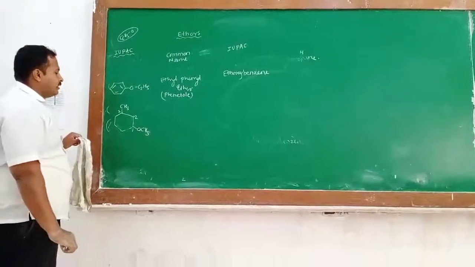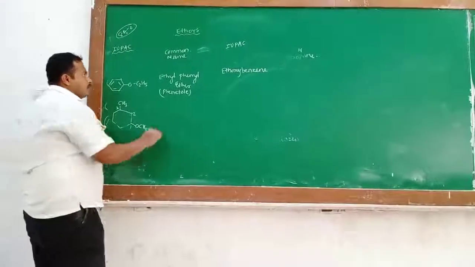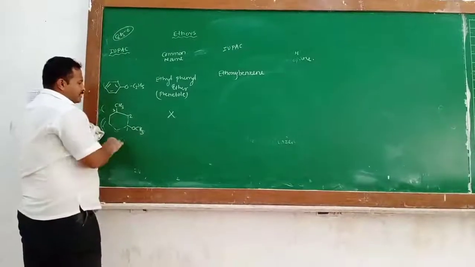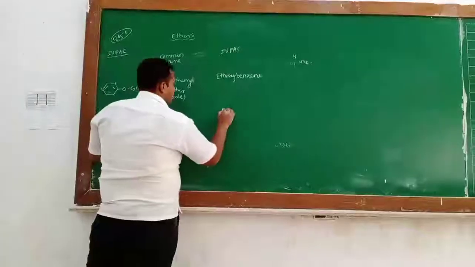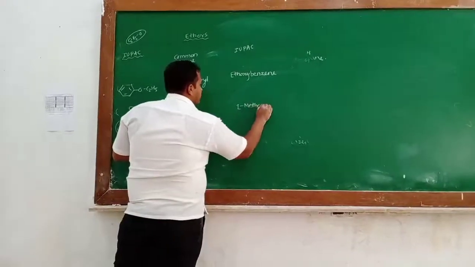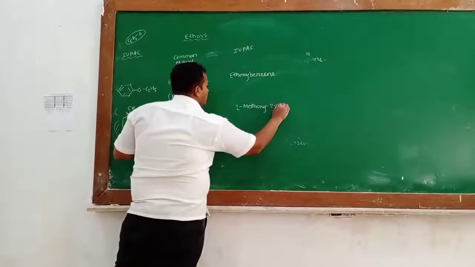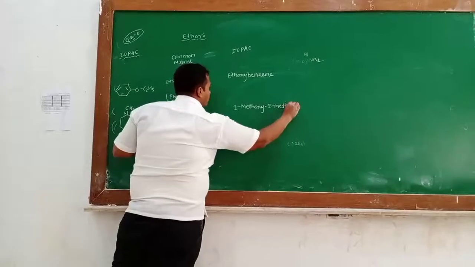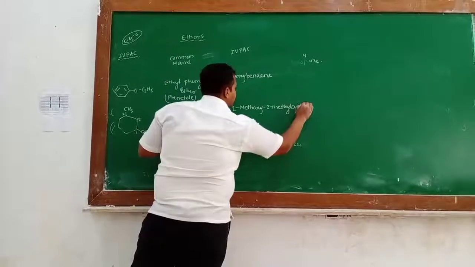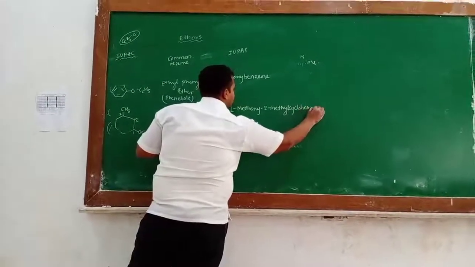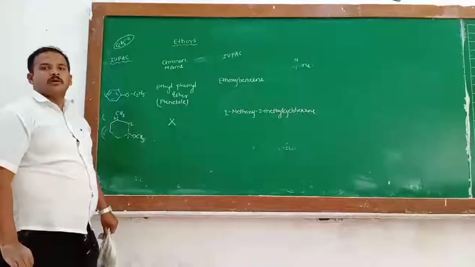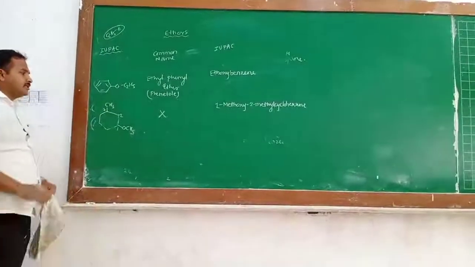What is the name of the compound? A common name is not possible for this compound. The IUPAC name is 1-methoxy-2-methyl cyclohexane. Keep in mind this name.